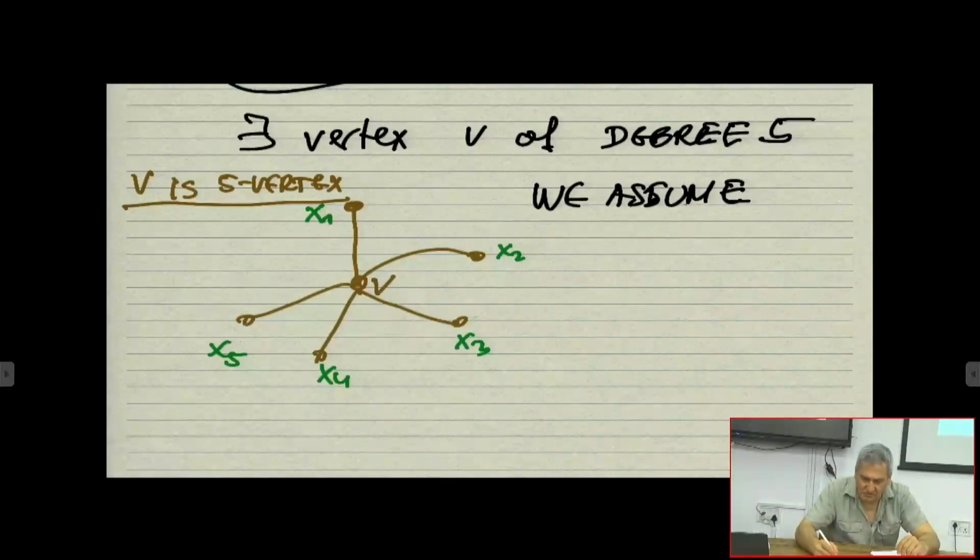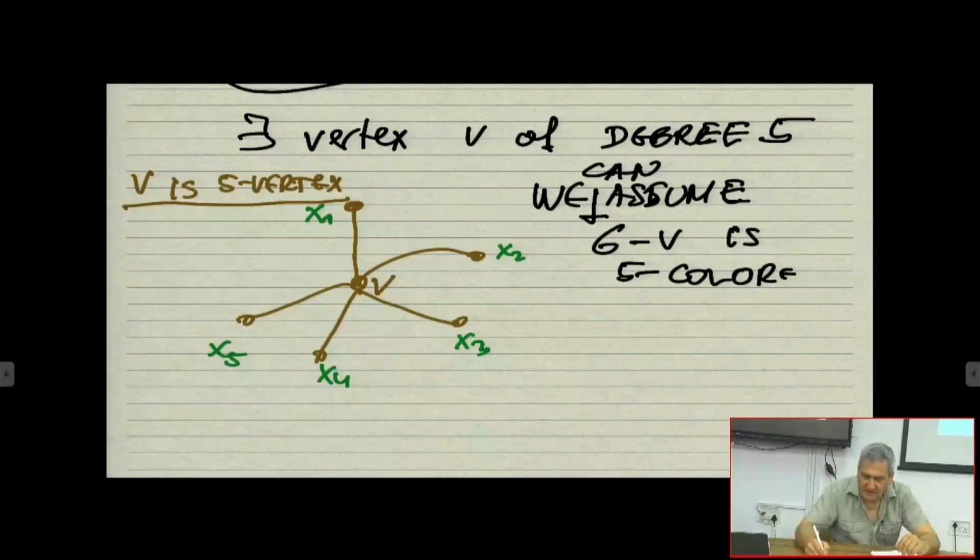We can assume G minus V is 5-colored. Such a coloring exists because the graph is critical.